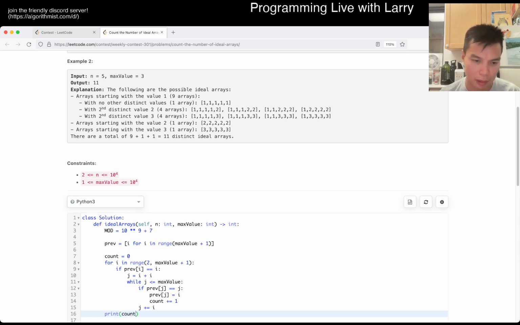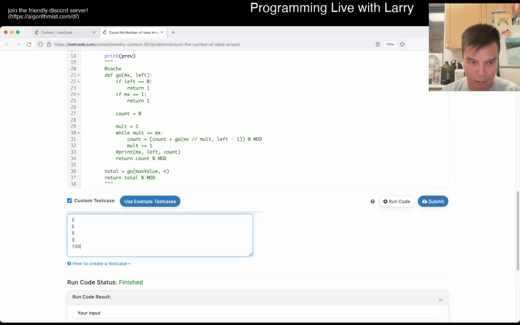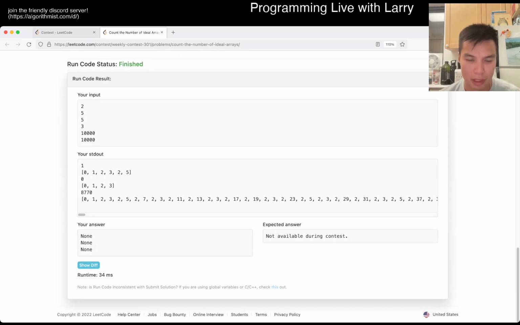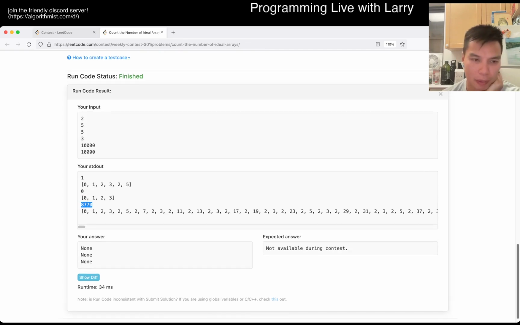how many total possible things are there? 8,000. So I was hoping that if this number was smaller, then we could do a 10,000 proof DP on this.